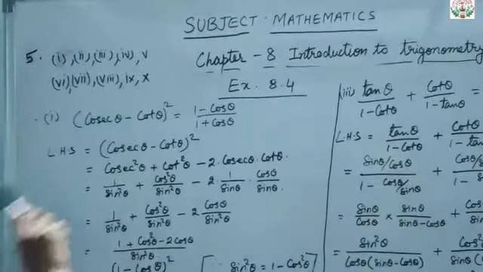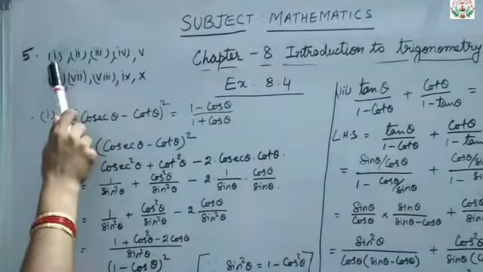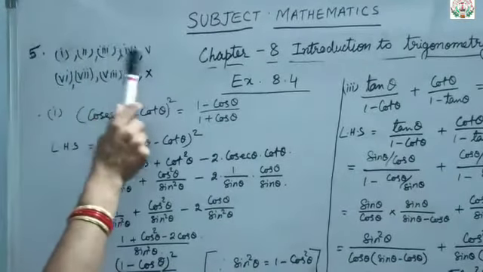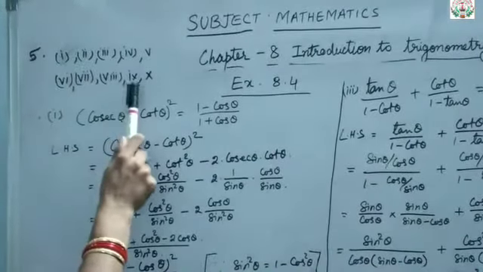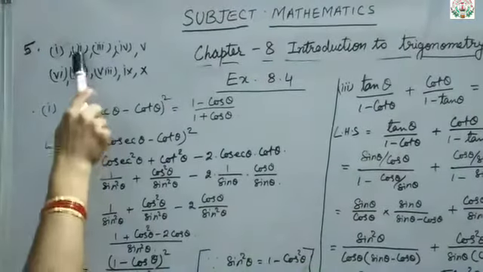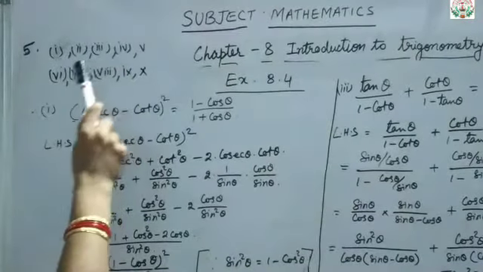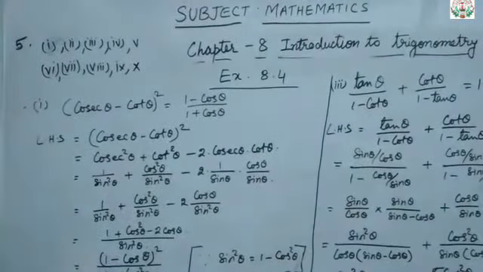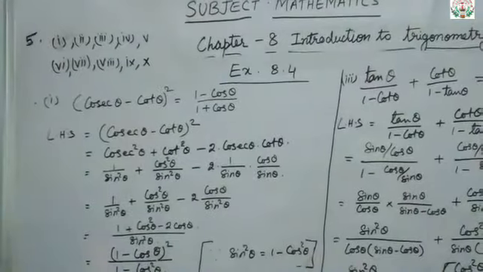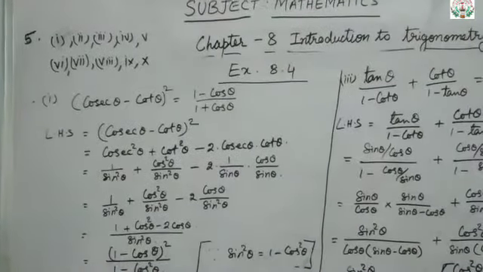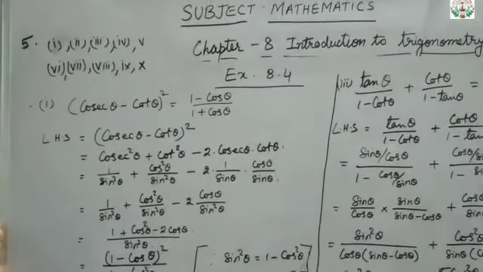Here I will be solving alternate questions. That means I will solve the first, third, fifth, 7th and 9th, and you all have to solve the 2nd, 4th, 6th, 8th and 10th. All even numbers will be your homework, and odd numbers I will solve on the board to show you. Okay, clear children?